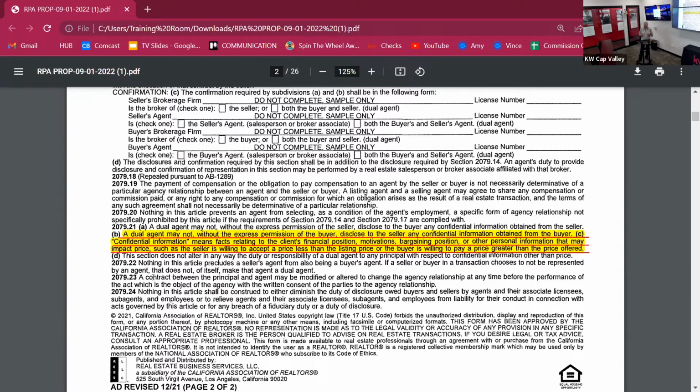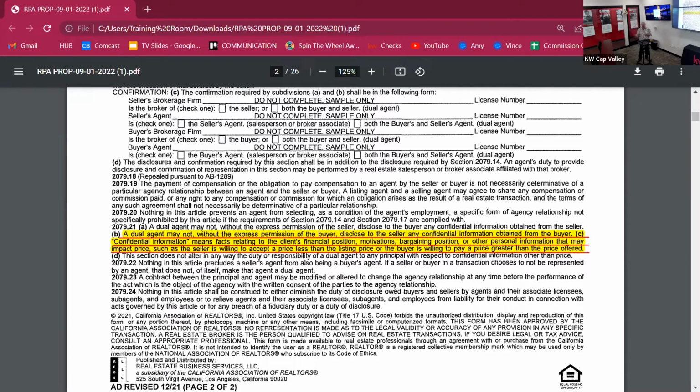So when you have dual agency, even if you know or you can find out that the seller might be willing to let it go for a little bit less than it's listed for, you can't tell that to the buyer. So even though you have a duty to your buyer, you cannot tell them that. Likewise, if you know that the buyer is willing to pay more than the seller is really hoping to get out of the property, you can't tell the seller that.